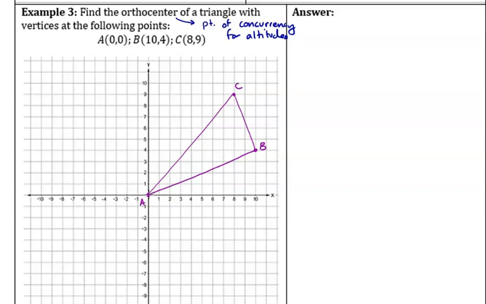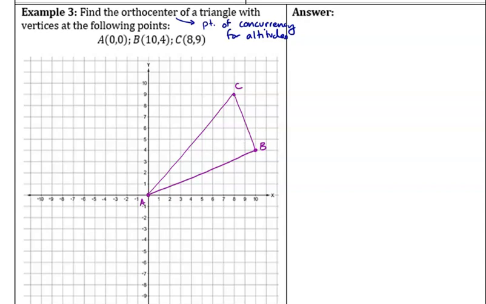If we look at those altitudes like lines on a graph, we know that they should have an equation. Every line that's on a graph has an equation that describes it. If we could find the equation for two of those altitudes, we could solve that system of equations to find the place where they meet. Technically, the orthocenter is where all three altitudes meet, but if we just know where two of them meet, then that's also obviously the place where the third one would meet too.